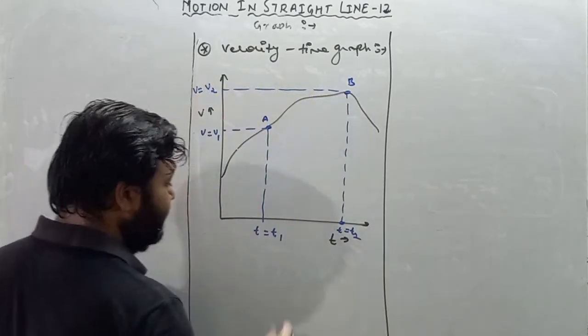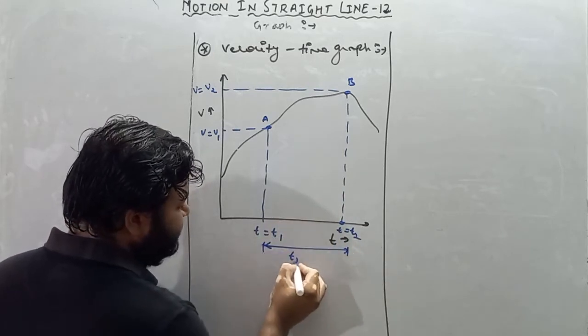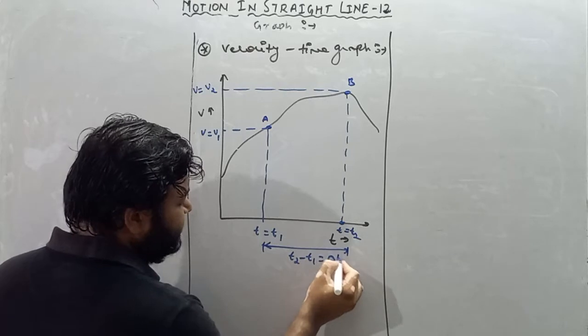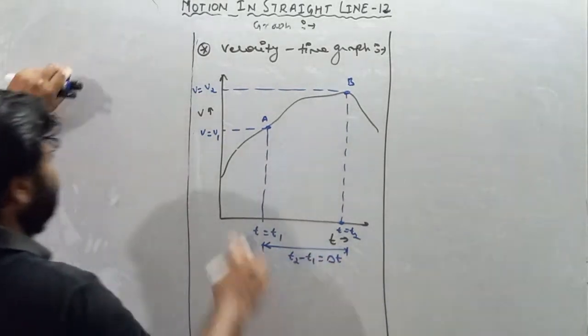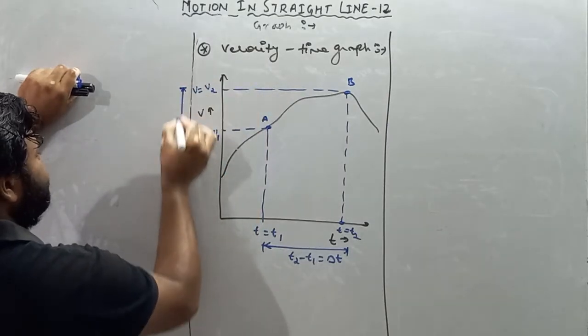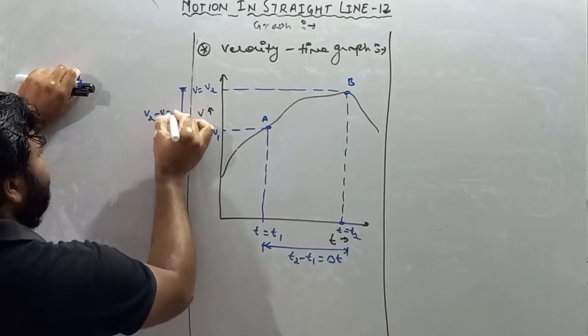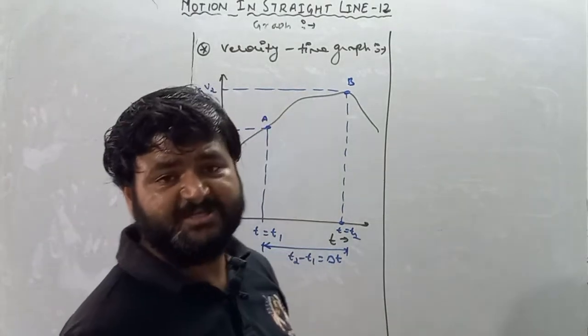Now see, my dear student, if we wish to find this distance, then this distance is t2 minus t1, which is represented by delta t and called change in time. Similarly, if we wish to find this distance, this distance is v2 minus v1, which is delta v, also called change in velocity.